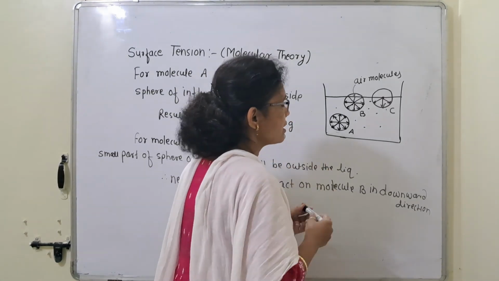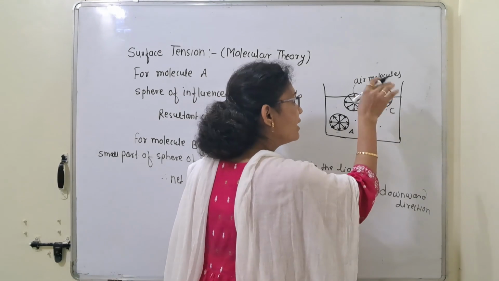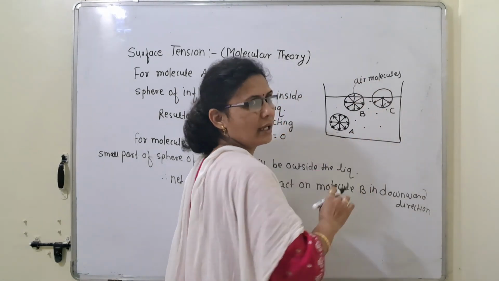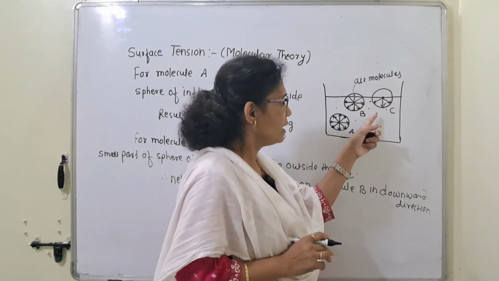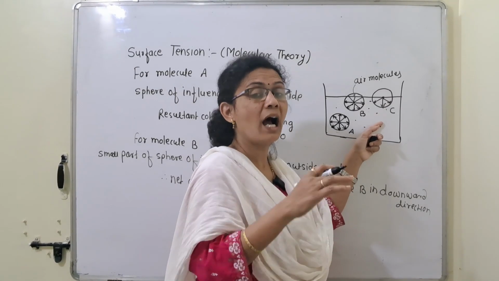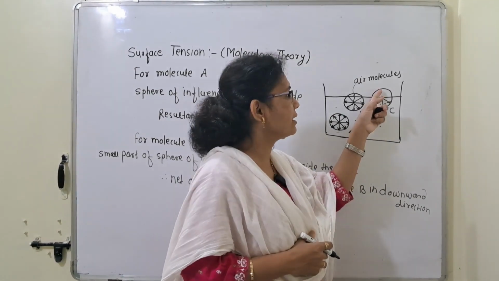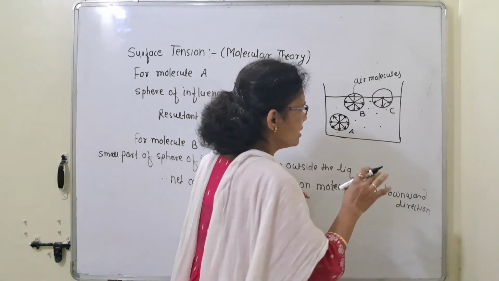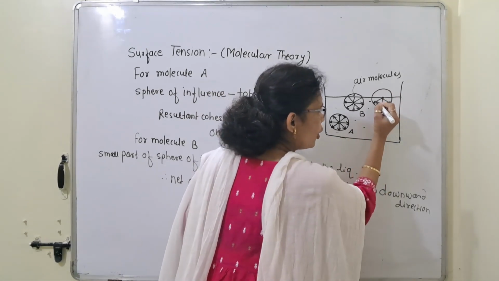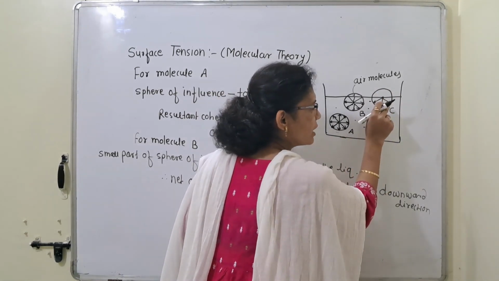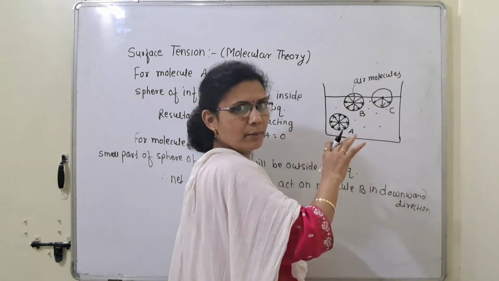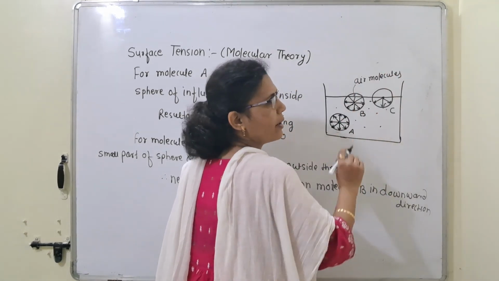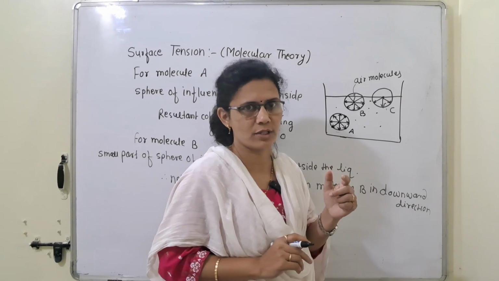See what happens, this liquid has higher density compared to this air, right? This liquid having higher density than the air means here the number of molecules of the same liquid will be greater in number compared to this half part of sphere of influence.